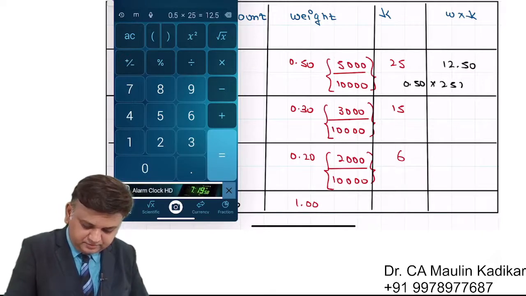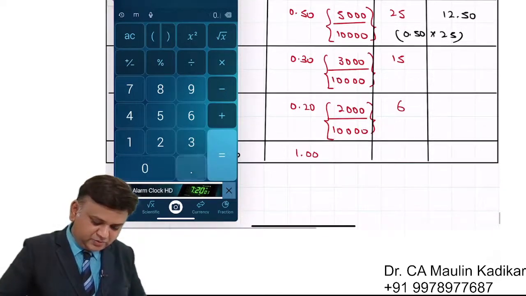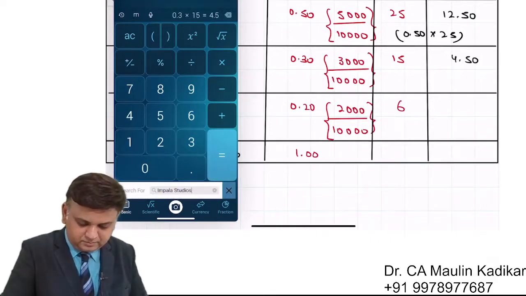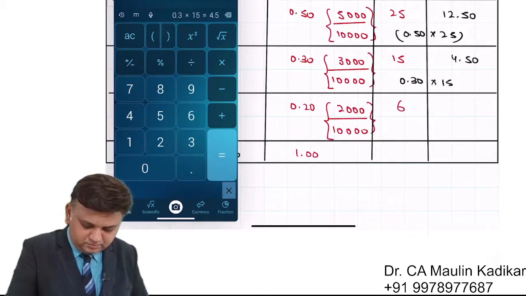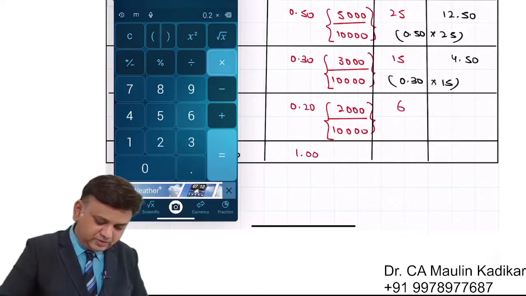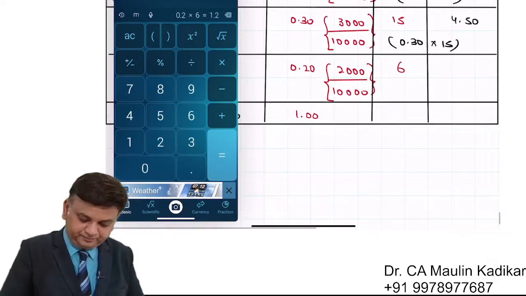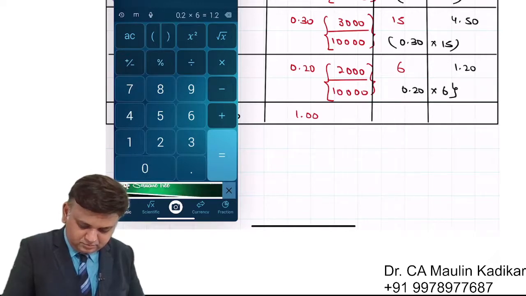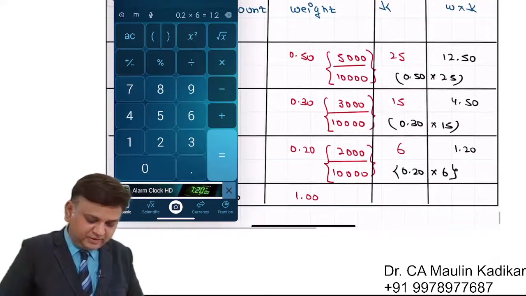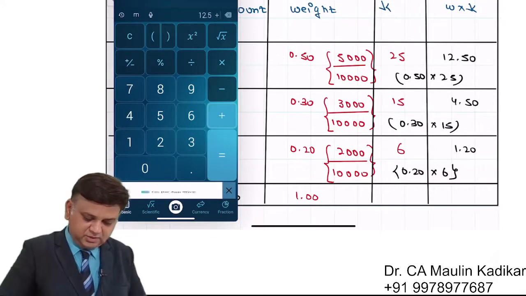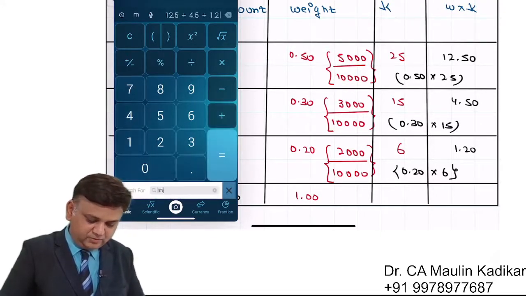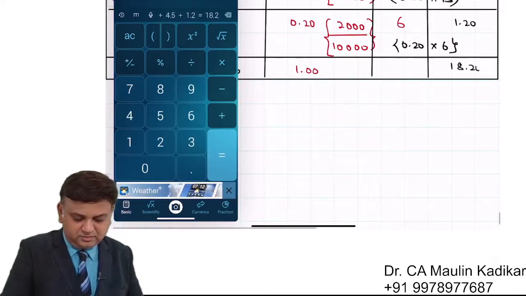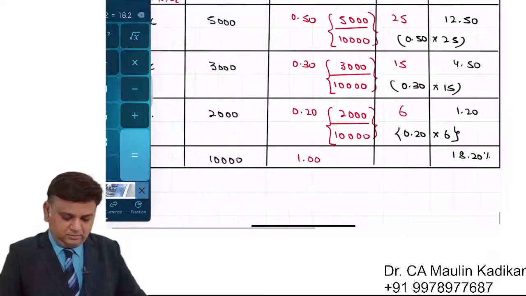Next it is 0.3 into 15, 4.5. Then 0.2 into 6, 1.2. So what will happen? 12.5 plus 4.5 plus 1.2. That is the way the weighted average or overall cost of capital will be calculated.